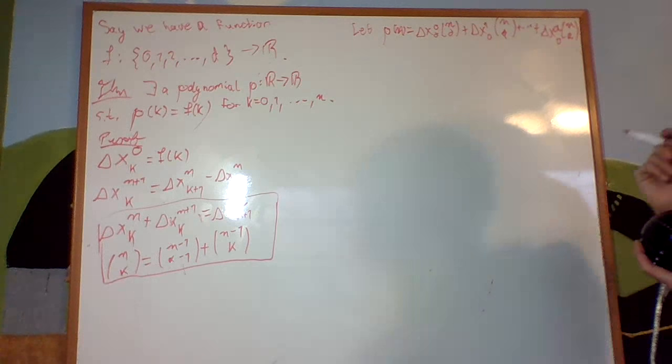Then p of k, just the general k, you actually can ignore most of these, because if k is bigger on the denominator, then the choose function is going to be equal to 0.